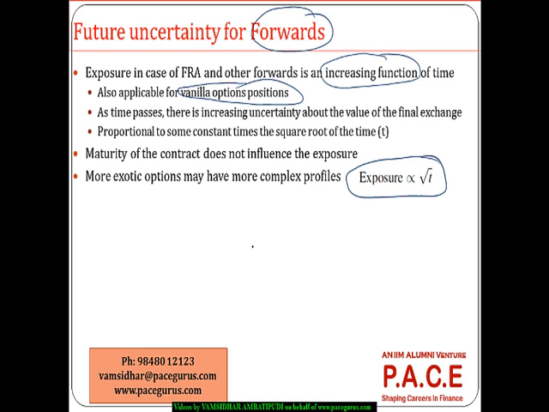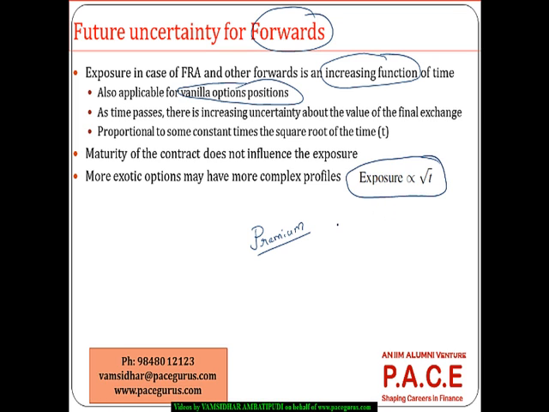Why vanilla option? The moment I have paid a premium, the exposure is more or less the same. Right? If I am talking about a plain vanilla European option, once I have paid the premium to the counterparty, after that the exposure is more or less the same, just like a forward.